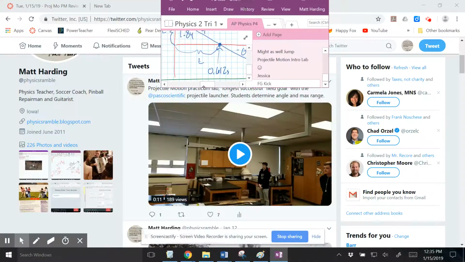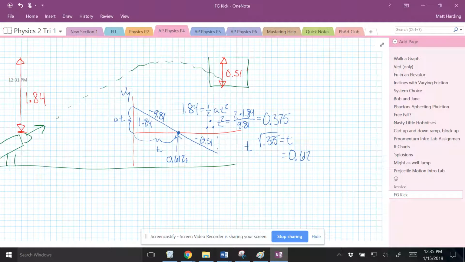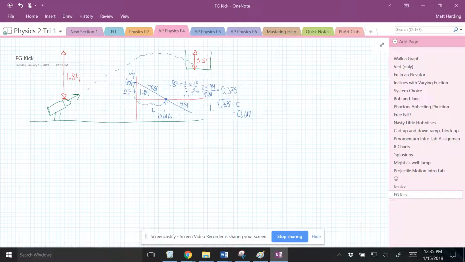And then to get that velocity, I'm just going to take A, 9.81 times T, 0.612, and I'm going to get something in the ballpark of 6 meters per second for that. Okay? So now I can start to put my velocity triangle together because I know the actual launch velocity is 8.8.